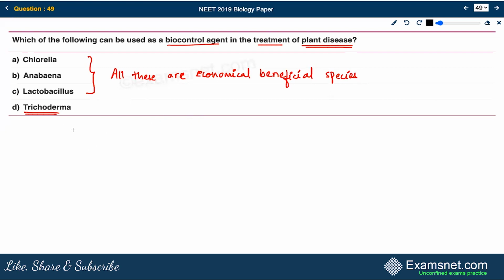All right. So here only the last option is Trichoderma. Let me tell you that Trichoderma is basically a fungus. So this is a fungus that is used as a biocontrol agent.